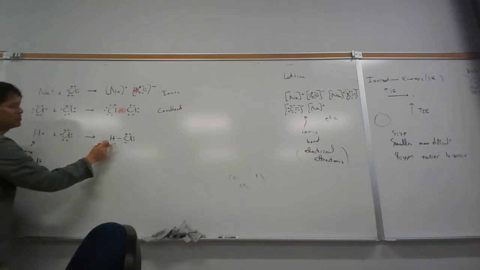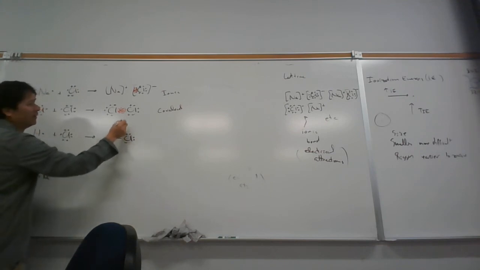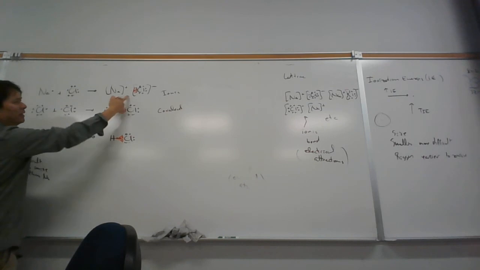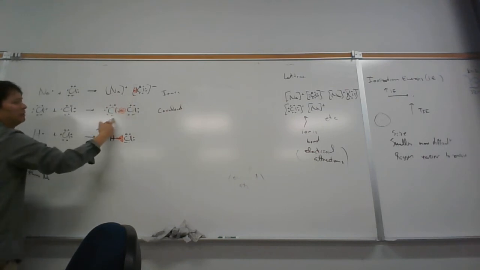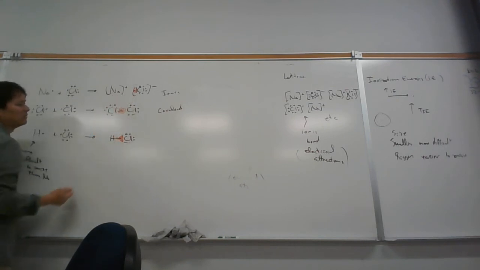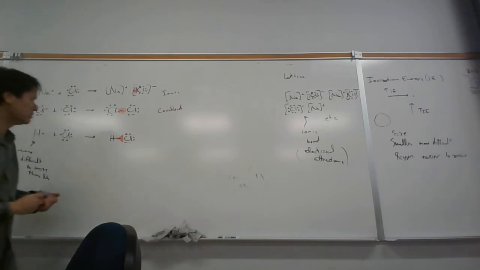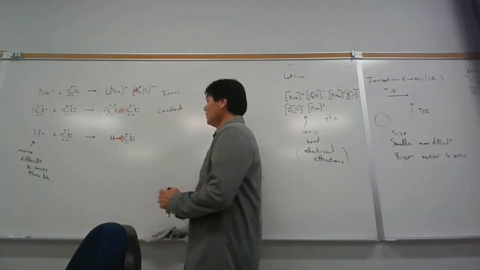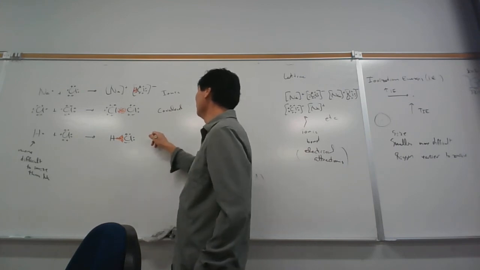However, if I look at this one, this hydrogen doesn't let go completely. Chlorine's stronger, and so it pulls more of the cloud towards itself, but it can't completely pull it like here. Here it's completely pulled it off, here it hasn't. And so we end up with this scenario. This scenario is between covalent and ionic. Between covalent and ionic, we call it polar covalent.